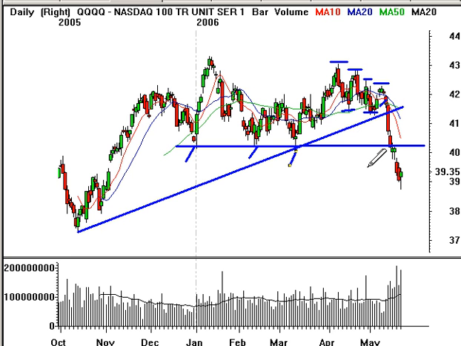So support broken tends to act as resistance. We could see a more severe bounce, probably not the best choice of word, but we could probably see a better rally, maybe up towards 41. But the bottom line is the market's in trouble.